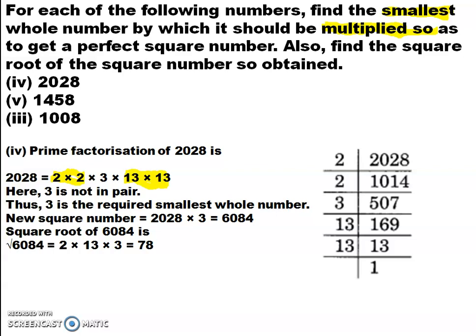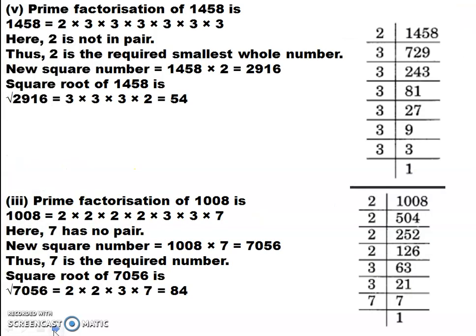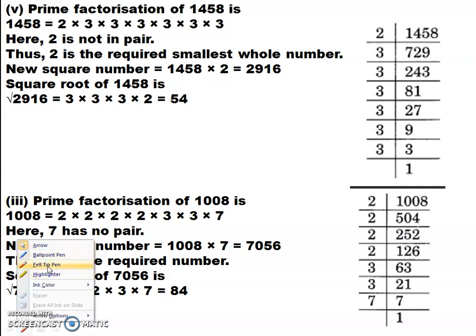Let us see the next problem. Here you have 1458. Again I have prime factorized it. Let us see which number is not having the pair.